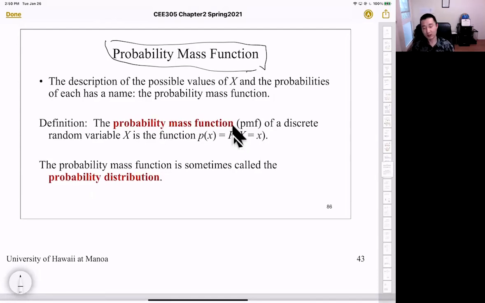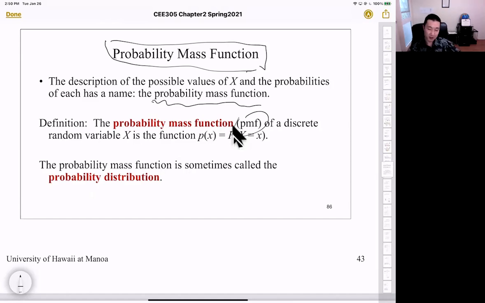This is for discrete variables. For continuous variables, that name changes. It's called the probability density function, or PDF. So PMF is for discrete random variables.